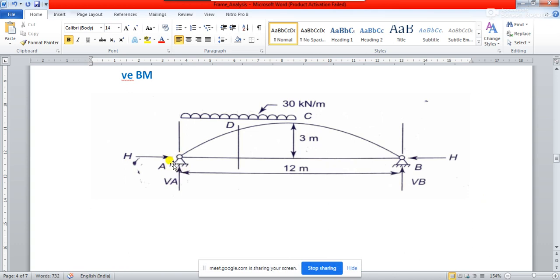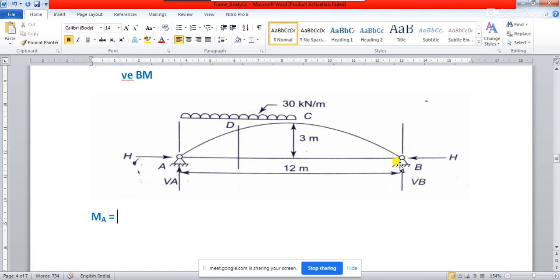If I take MA, the moment about support A, the summation of all the moments about A, then what will happen? This VB is going to create a moment about this point A, right?